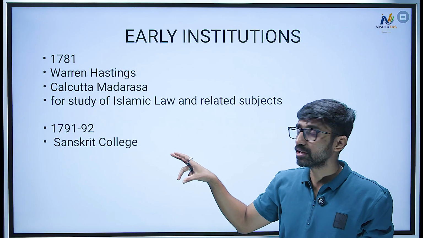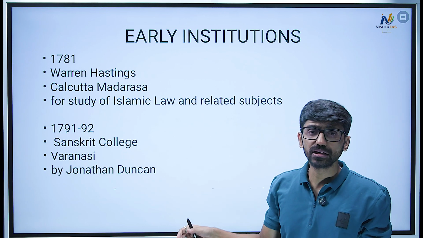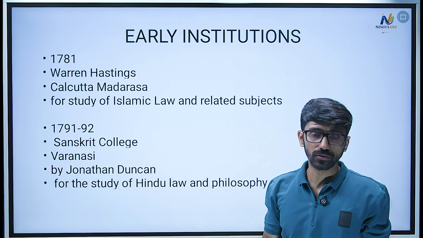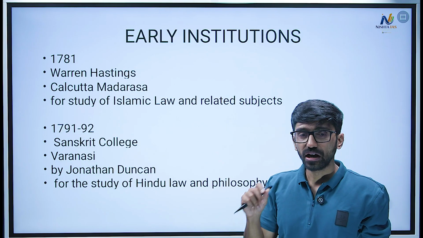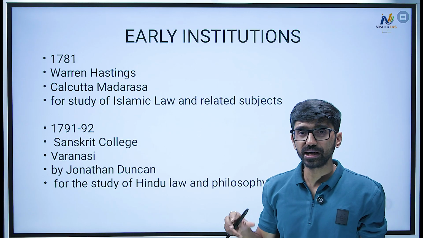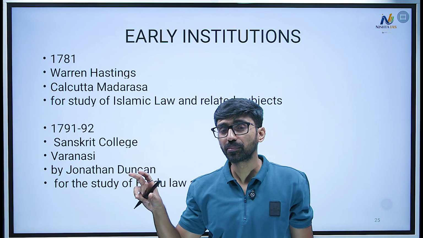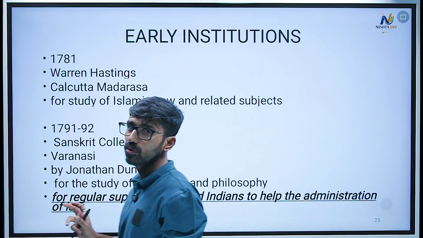Now in 1791-92 they established Sanskrit College in Varanasi, by Jonathan Duncan, to study Hindu law also. And these institutions provided low clerk-level officers from India to help run the East India Company administration, a regular supply of low or cheap labor.